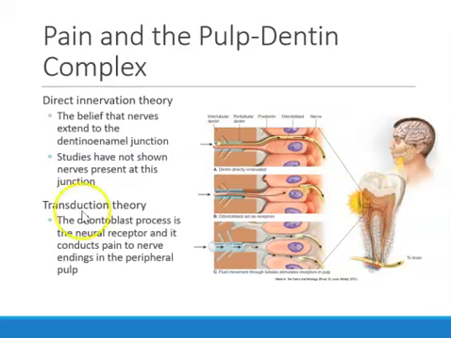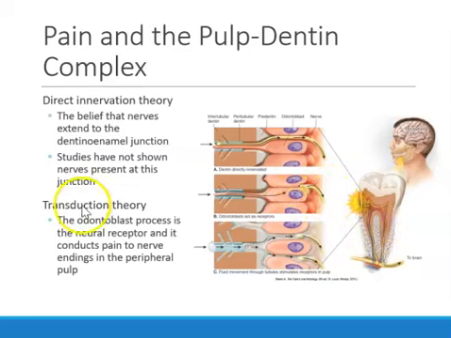So then they're like, okay, maybe there's something called the transduction theory, and this might be true. This is the idea that the pain gets sent through the dentinal tubules and the odontoblastic process, and then the nerve endings send the message to the pulp.